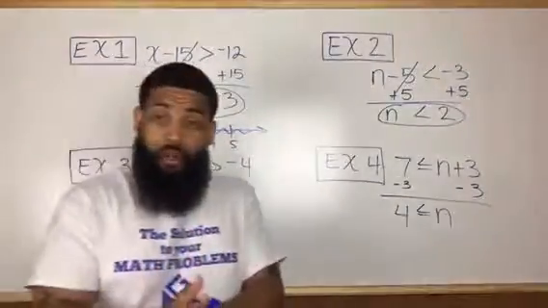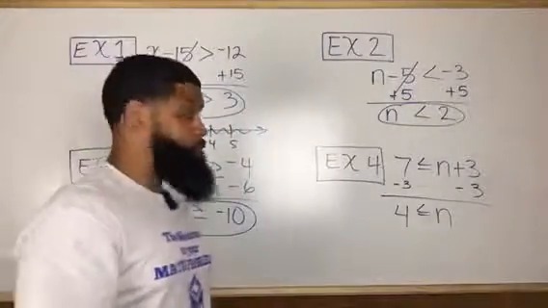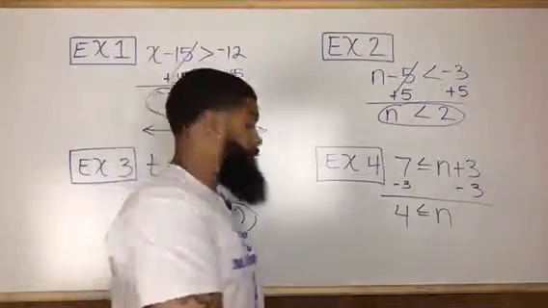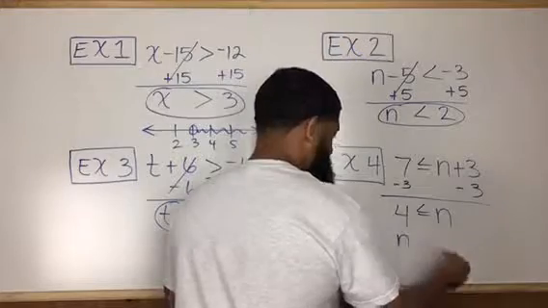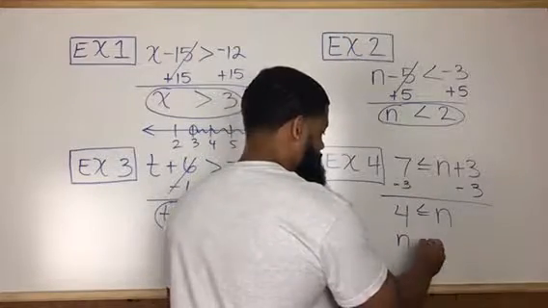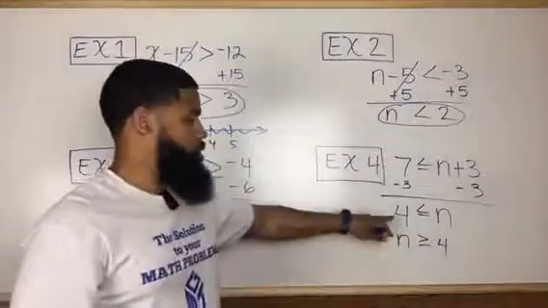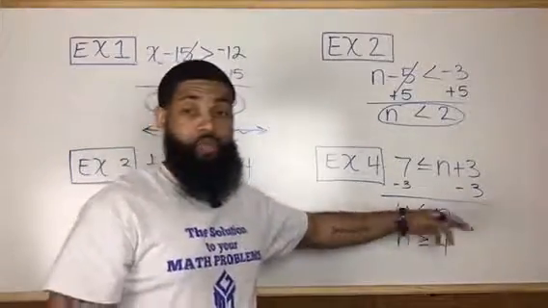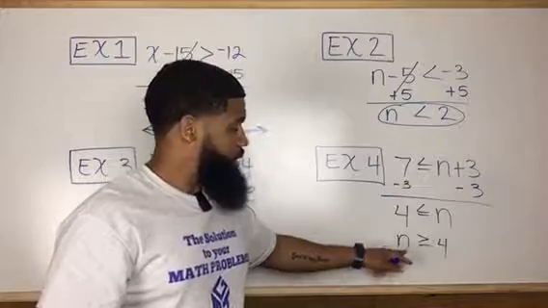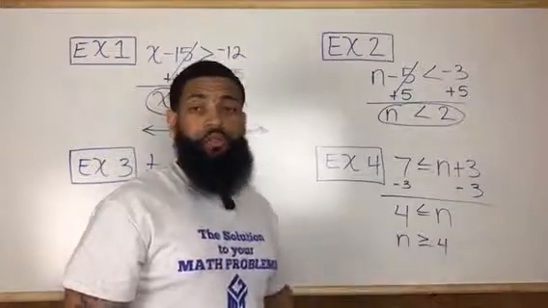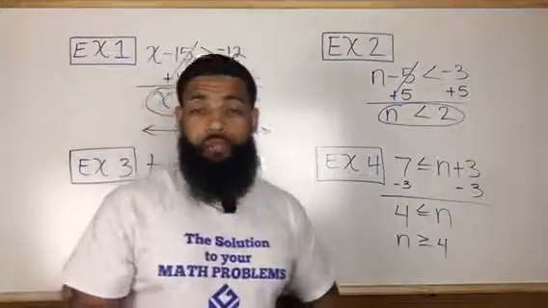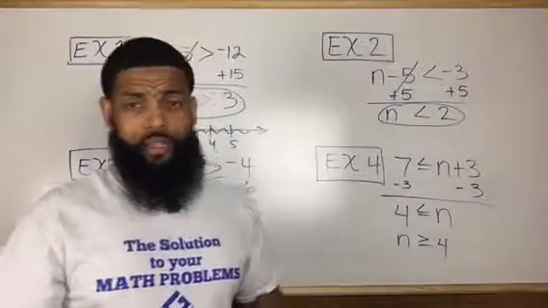Now, we can rewrite this inequality to put the variable on the left side. If you switch the number and the variable, we have to switch the inequality. So here our solution was 4 is less than or equal to n. We can rewrite that as n is greater than or equal to 4. They are the same thing. They just look slightly different.